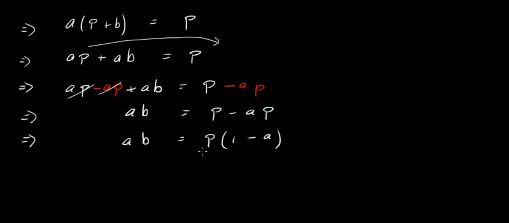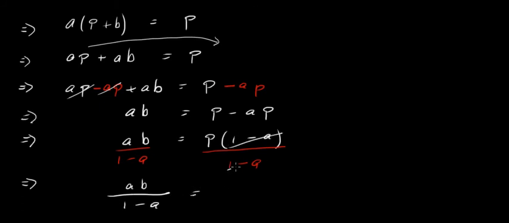Well, it's multiplying, so what I'm going to do is divide by 1 minus a, divide by 1 minus a. So that will finally give me ab divided by 1 minus a is equal to, well, that will divide into that, and I'll end up with p. So that's it for that example. A little bit more complicated, but same idea again.